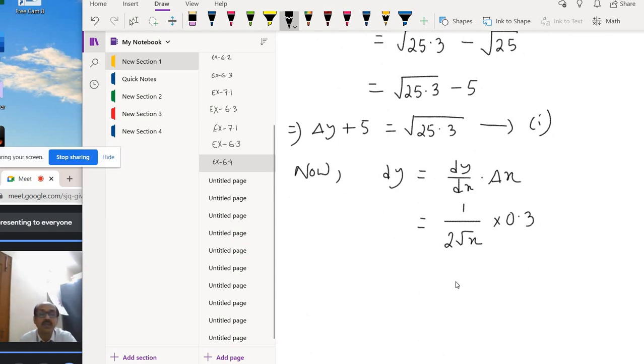What is x equal to? x equal to 25. So equal to 0.3 divided by 2 root 25.